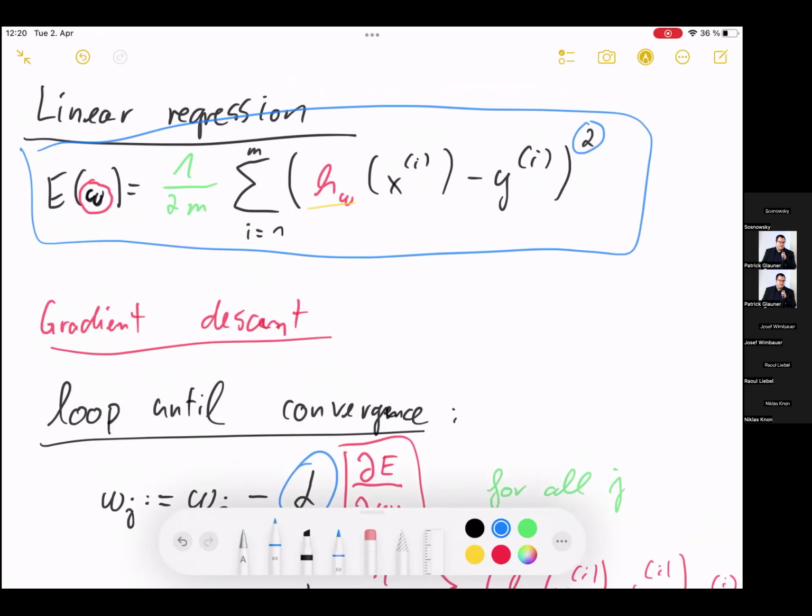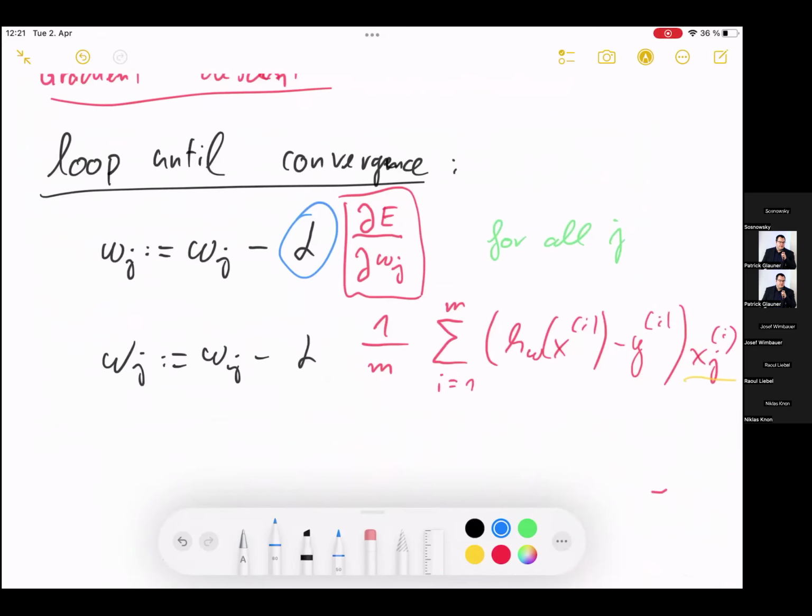We have this 2 up here, and we have this 2 down here. When you take the derivative, that 2 will go, it's 2 times the sum, but because we had conveniently put 1 divided by 2m, these 2's will just cancel out, and that's why there's no 2 down here anymore. And this is our gradient descent for linear regression.